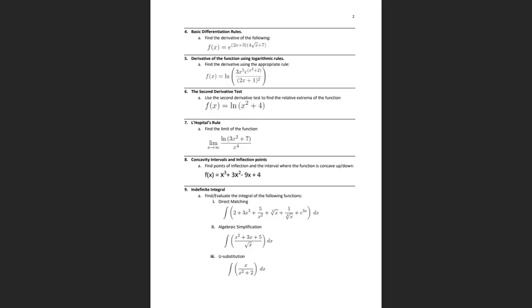Wait, are you asking about part 3? Oh no, sorry, part one. I'm saying there's the e to the 3x at the end. I just forgot how to take the integral of something like e to the.